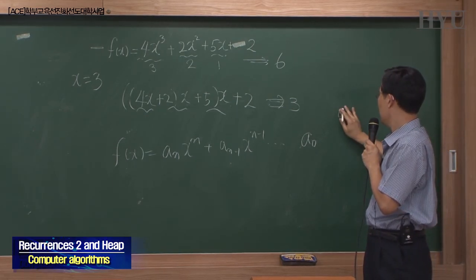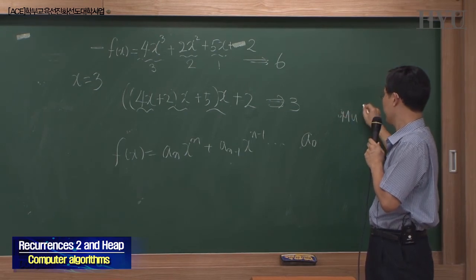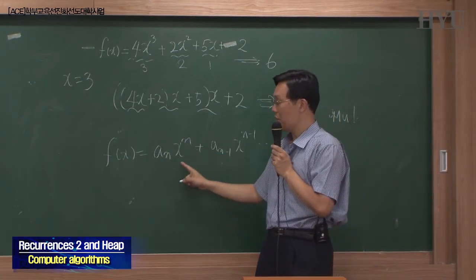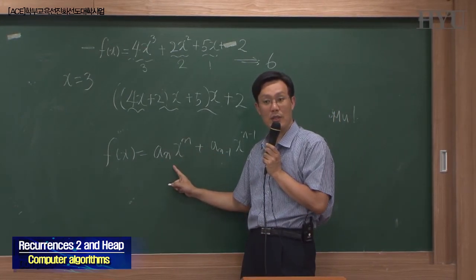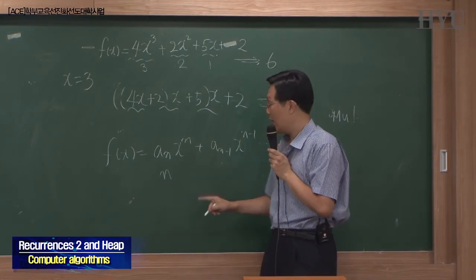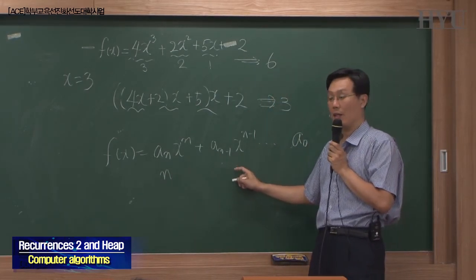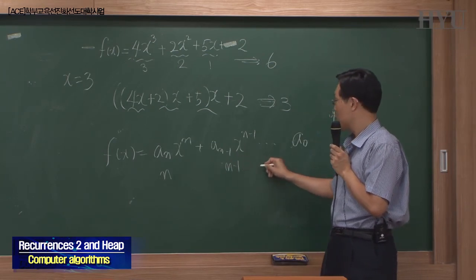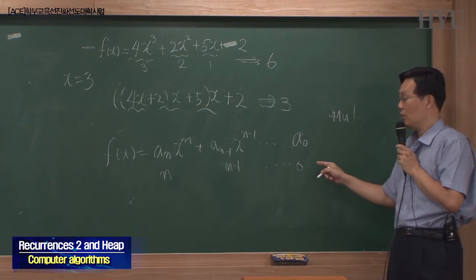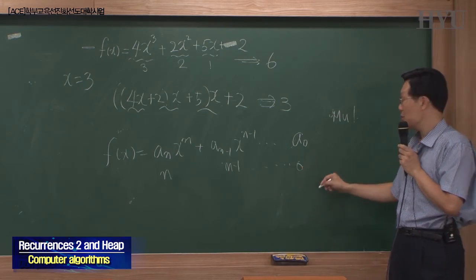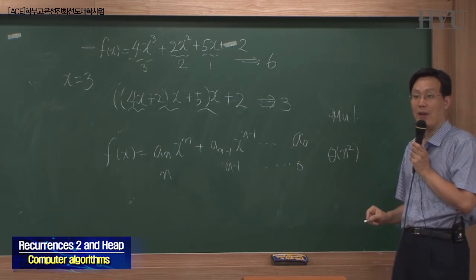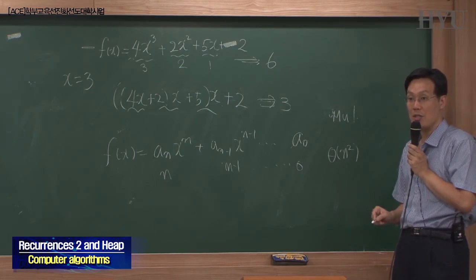Then the number of multiplications. How many multiplications are needed to compute this? N? And how about this? N minus 1 up to 0. So we have to add all these values, then theta of n squared multiplications are needed.